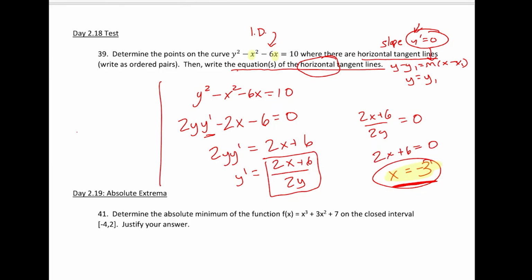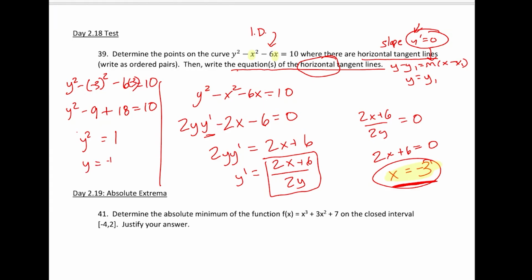So I'll do that over here to the left. y squared minus negative 3 squared minus 6x equals 10. So y squared minus 9, and then I didn't substitute in the negative 3, plus 18 equals 10. So y squared equals 10 plus 9, which is 19, minus 18 will be 1.